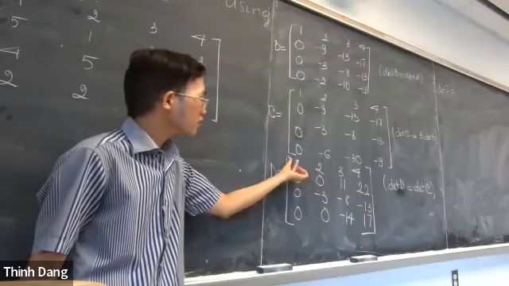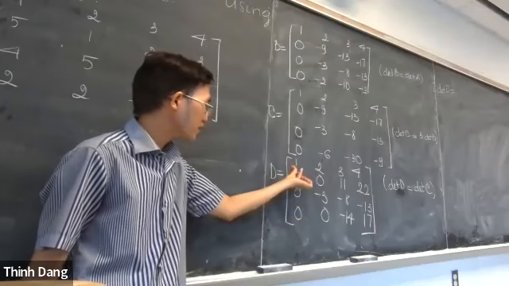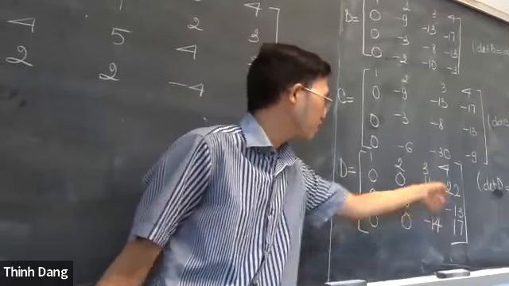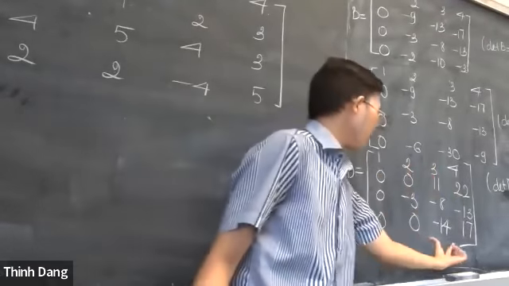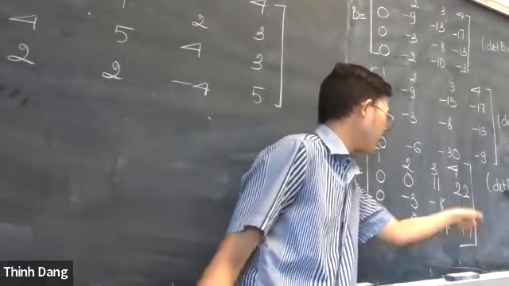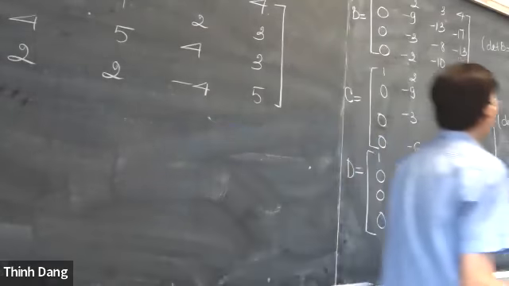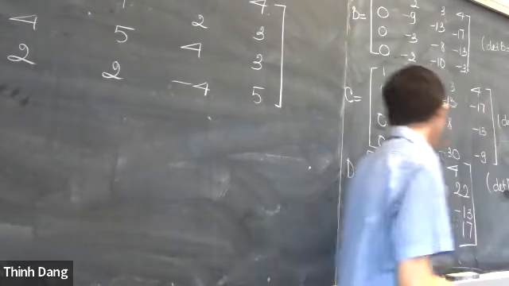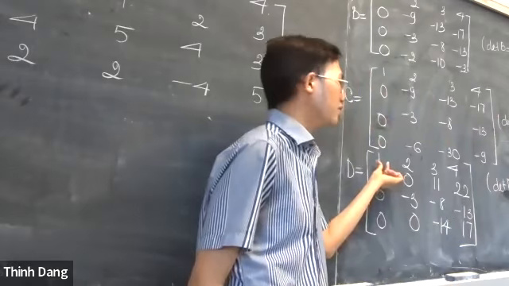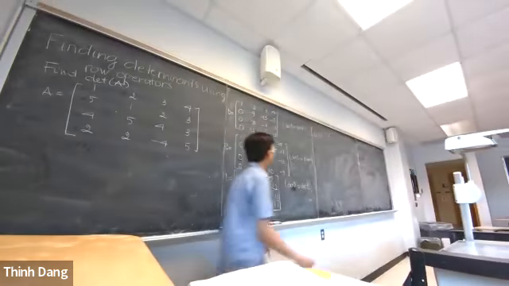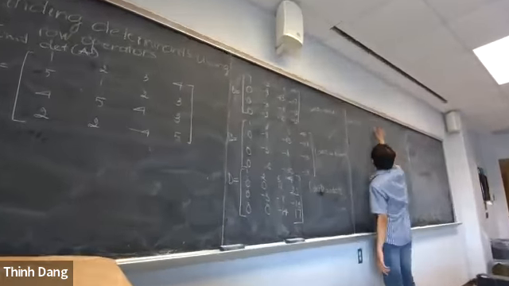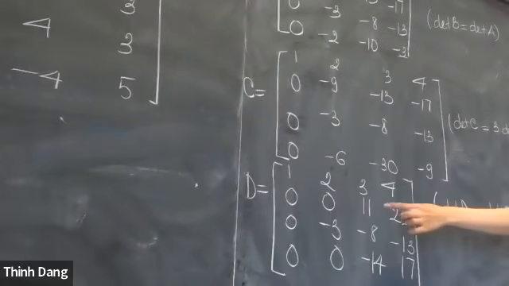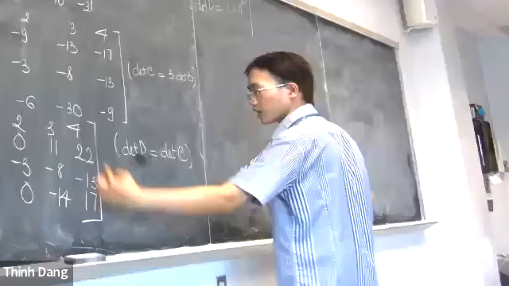So when you are expanding along this column, you take this one and multiply with its cofactor, which is the determinant of this 3x3 matrix. So the determinant of D should be 1, multiplied by -1 to the power of 1 plus 1. So why 1 plus 1? Because this entry is in the first column, first row, right? And then you multiply this with the minor.